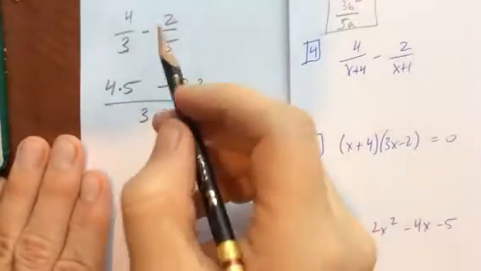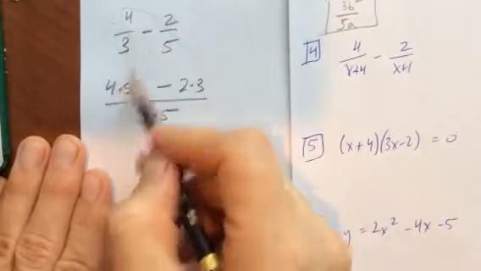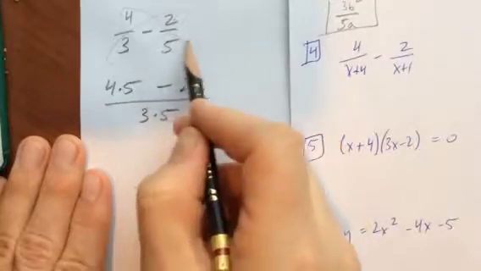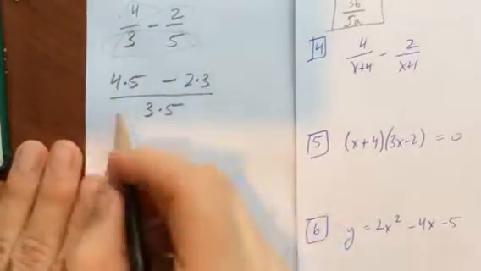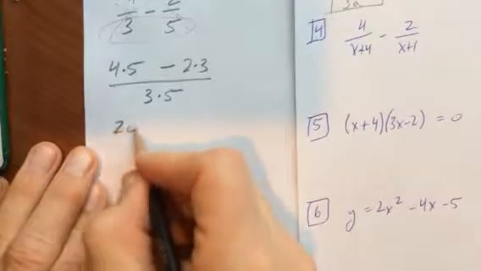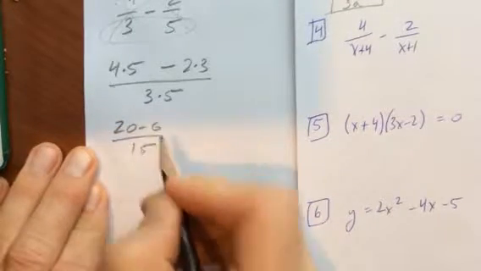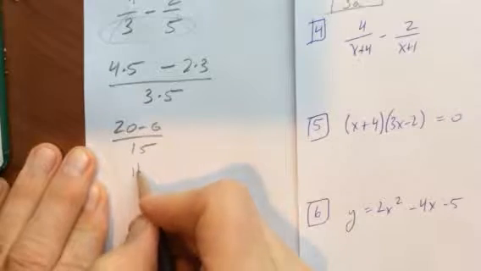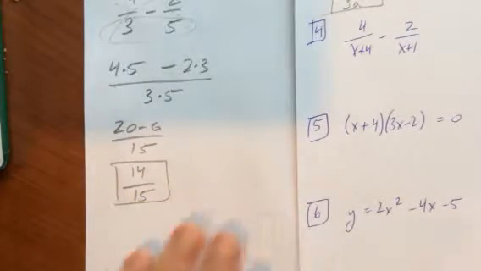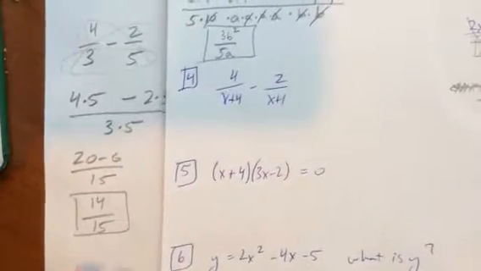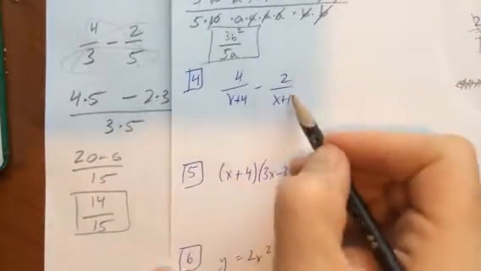That kind of system will always work. Multiply, multiply, multiply, and keep the symbol. So in this little example, it'll be 20 minus 6 divided by 15, which is 14/15.